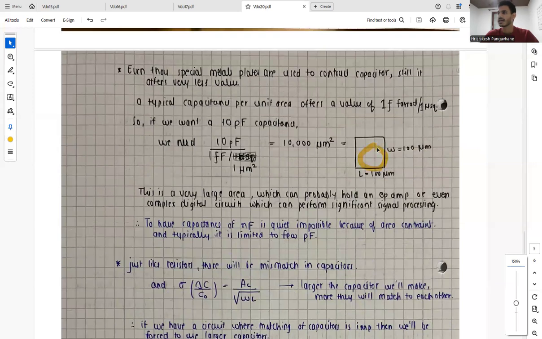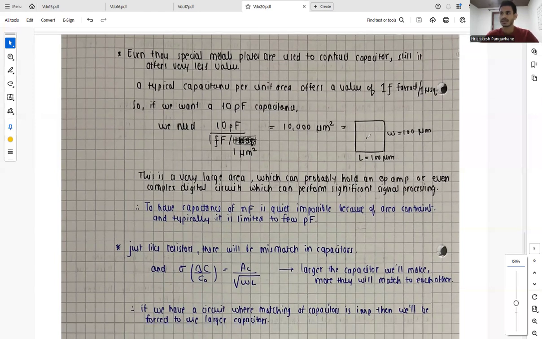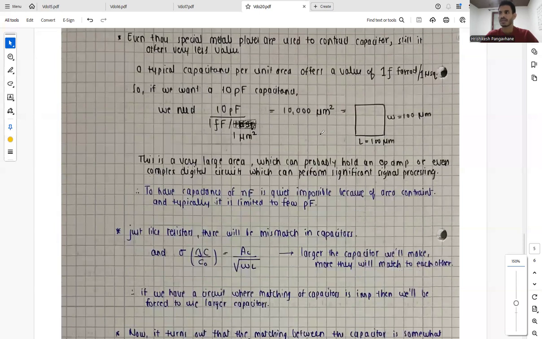This area is so large compared to other components that it can probably hold an op-amp or even complex digital circuits which can perform significant signal processing. To have a capacitance of nanofarad is quite impossible because of the area constraint, and typically it is limited to a few picofarad. So making a capacitor of high value is not preferred because it takes too much space.